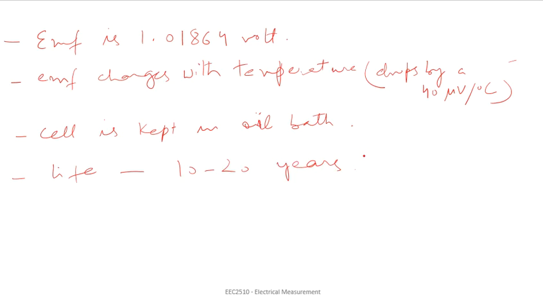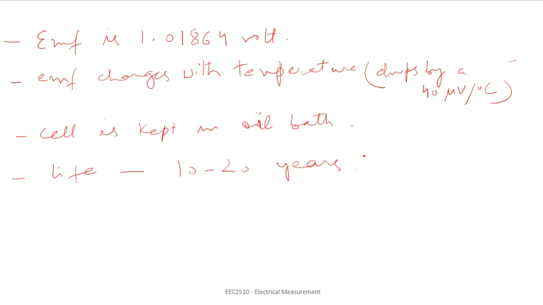Now there are also certain precautions to take care of. The mercurous sulfate present in the cell is sensitive to light, and therefore it should not be exposed to light.